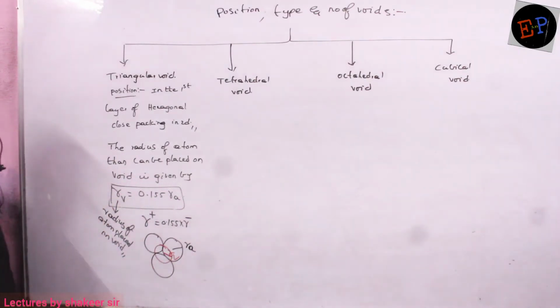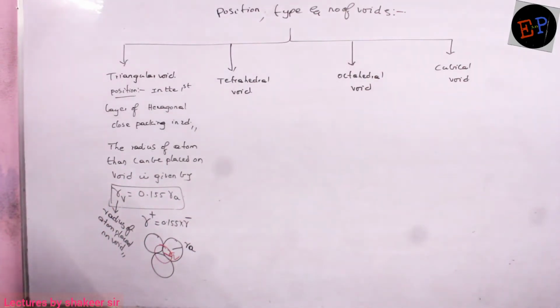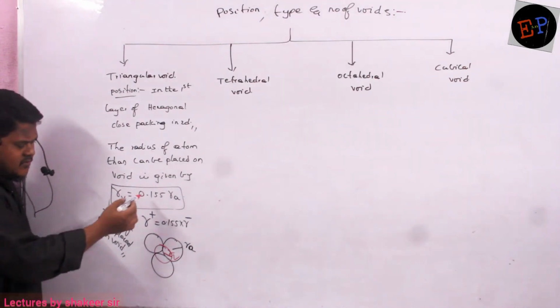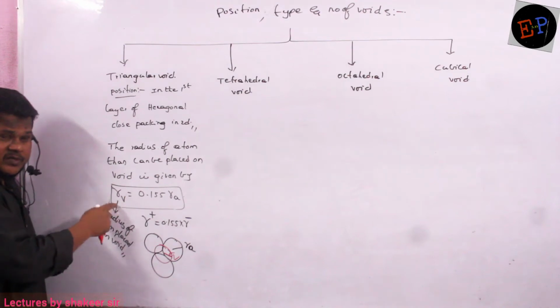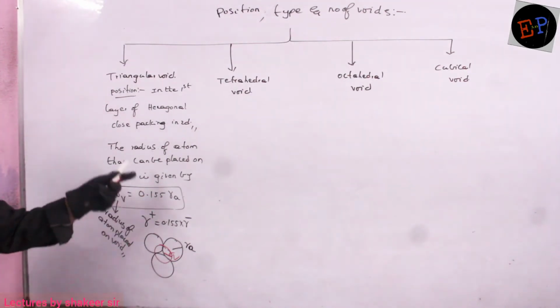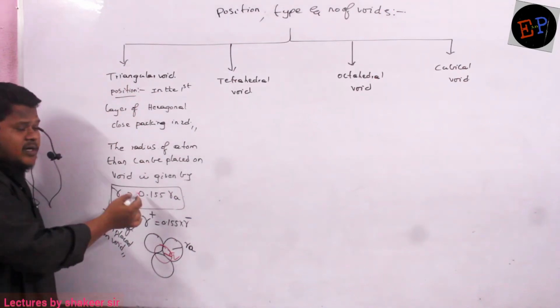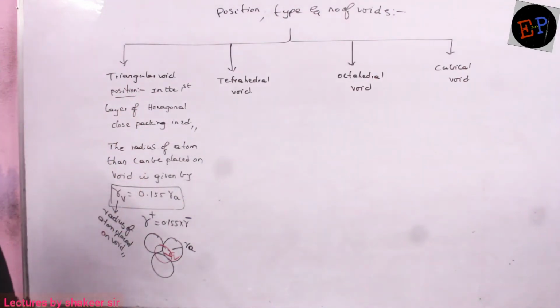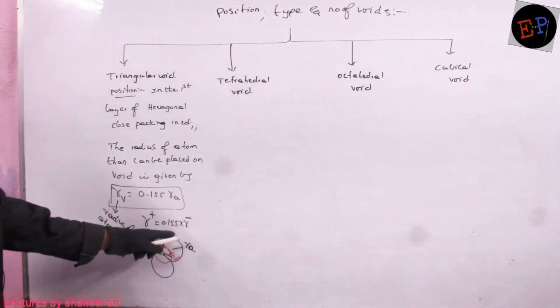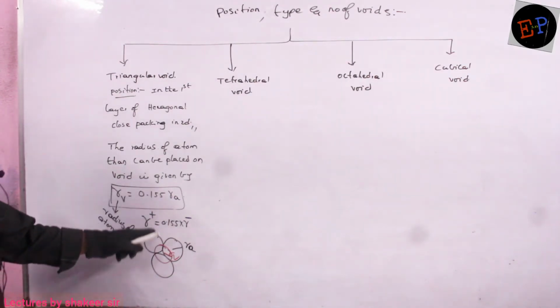And this is the RV, the atom placed on the void. Are you able to understand? And what is its value? The radius of the atom which can be placed on the void is 0.155 times the radius of the atom by which this triangular void has been created. That is the meaning of it. Do you understand? And for these values there is some calculation, ma, but we don't go for the calculation, just learn these values by heart.